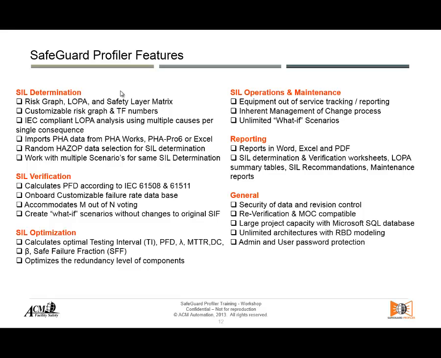When is the proof test for that piece of equipment required, and so on. So that could be in a report. SIL recommendations and maintenance reports that could be output. As I said before, you can create reports for operations, for management, for maintenance, and so on.